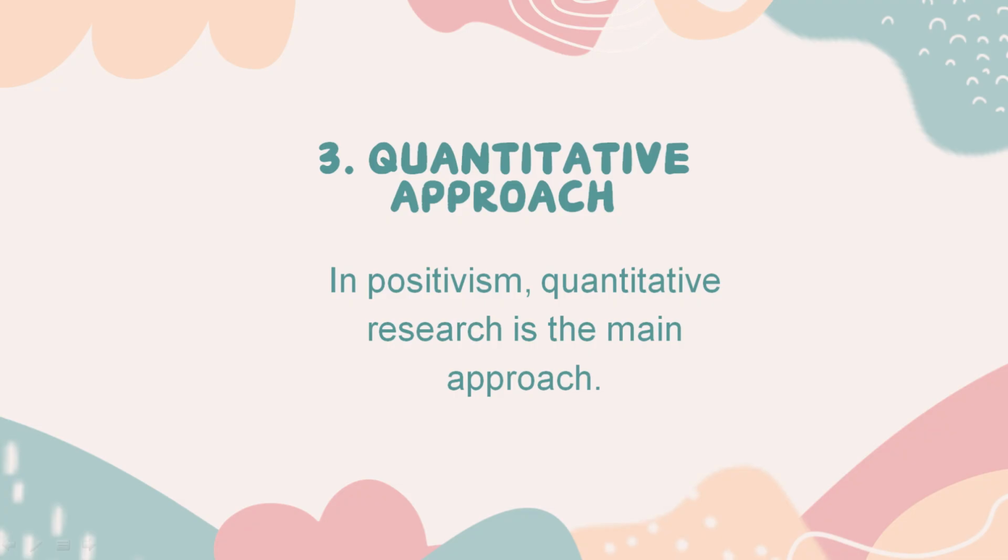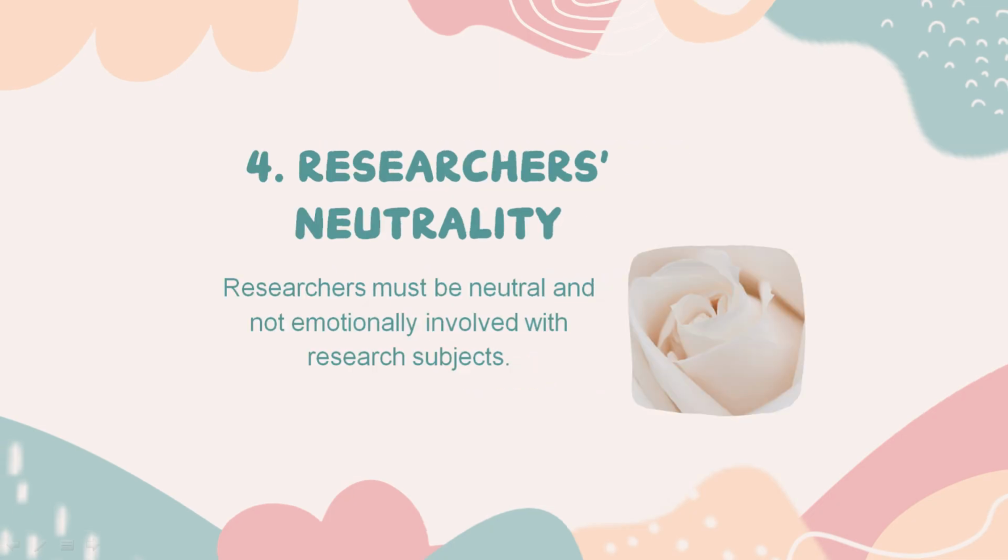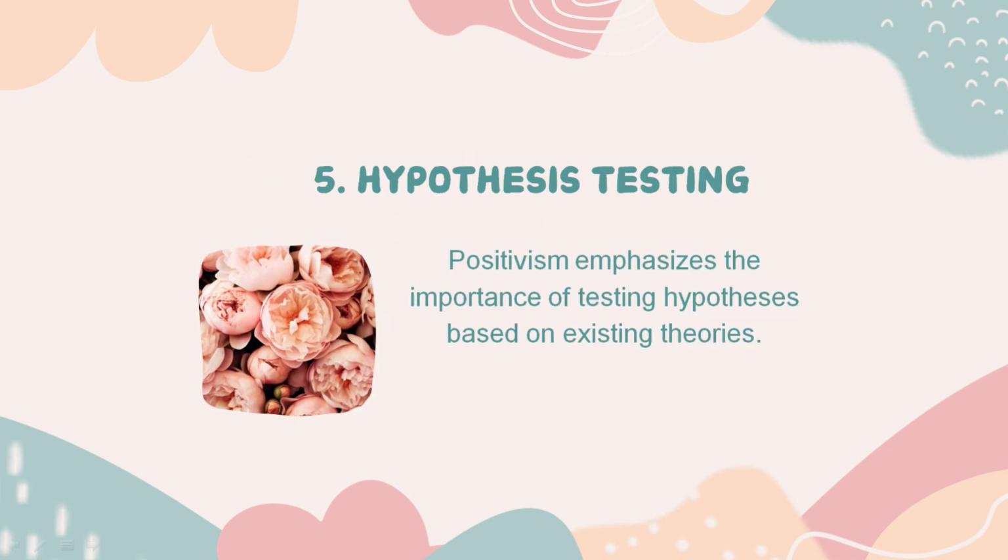Third, quantitative approach. In positivism, quantitative research is the main approach. Fourth, researcher neutrality. The researcher must be neutral and not emotionally involved with the research subject. Fifth, hypothesis testing.